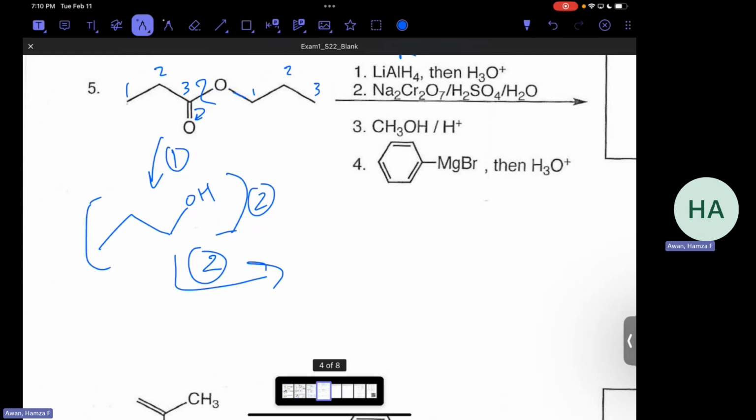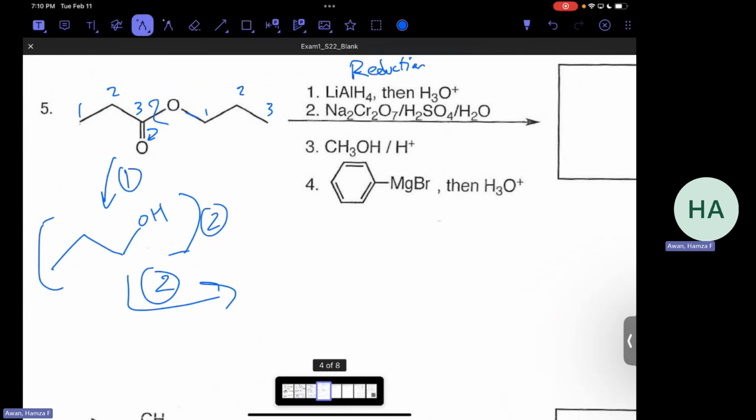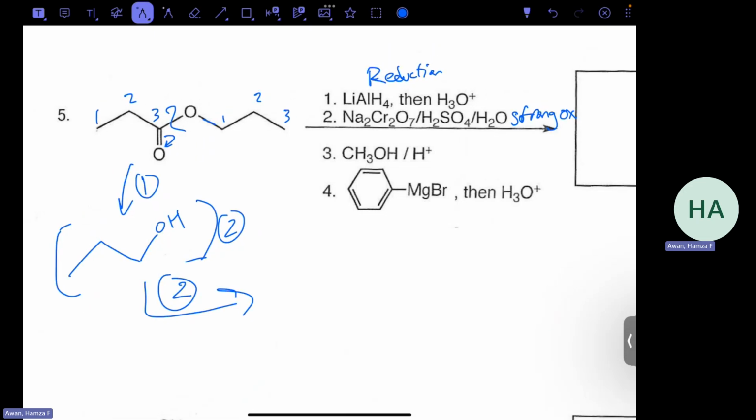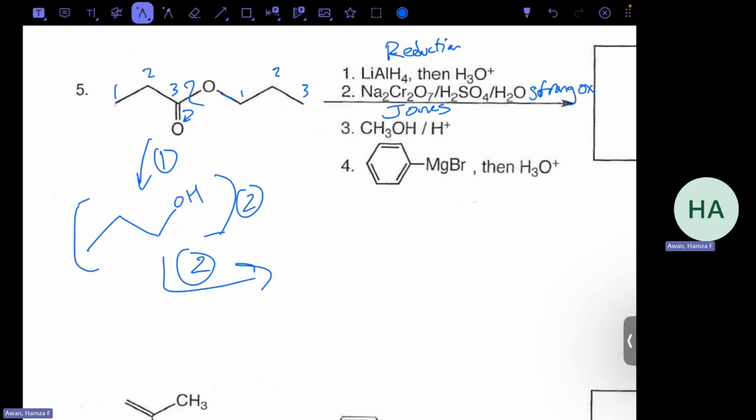Anyway, second step, sodium dichromate. So this is going to be our strong oxidizing reagent. In this case, remember we have a primary alcohol, and whenever we have a strong oxidizing reagent such as Jones or sodium dichromate, so Jones would also apply here, that primary alcohol becomes a carboxylic acid, right?